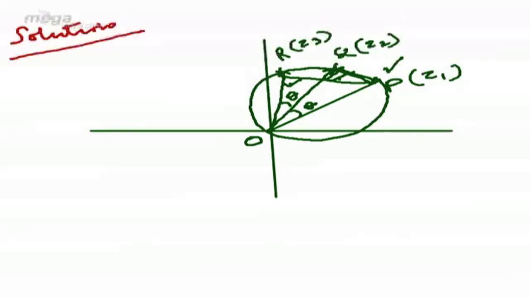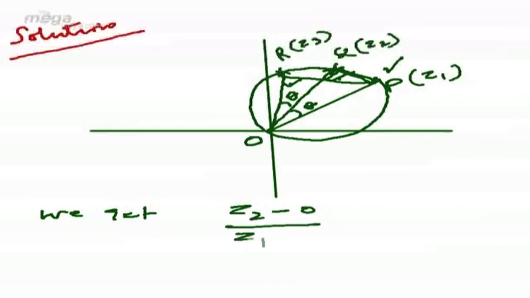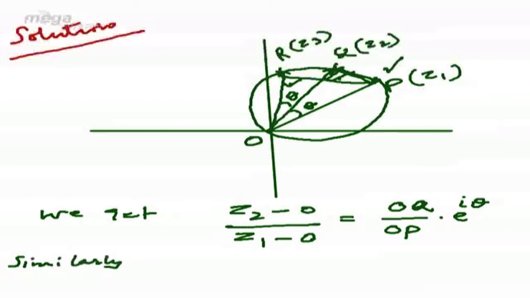So applying Euler's theorem, first we rotate the complex vector OP in the direction of OQ by an angle theta. So (Z2 minus 0) upon (Z1 minus 0) is equal to OQ divided by OP into e to the power i theta. Similarly, now OQ is rotated further in the direction of OR by an angle theta.